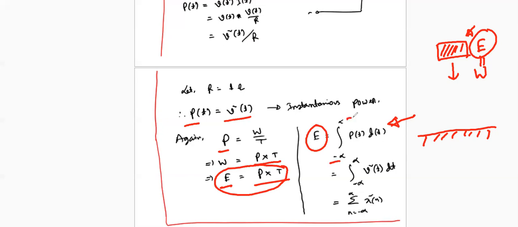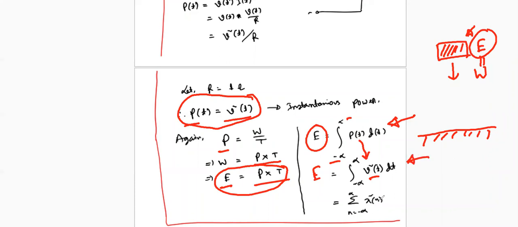So for an infinite period of time we can represent our energy like that, where we already mentioned that the instantaneous power is nothing but V square(t). We replace it by V square(t), and dt is there. So E is equal to the integral of V square(t) dt for the time from minus infinity to plus infinity. This is for a continuous time signal.